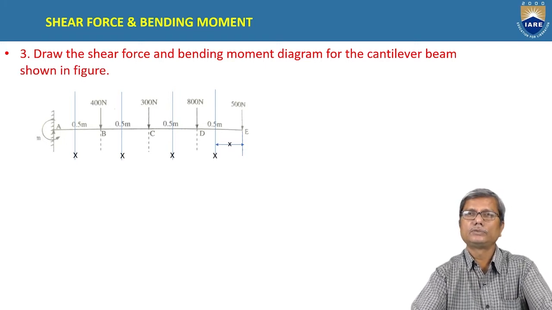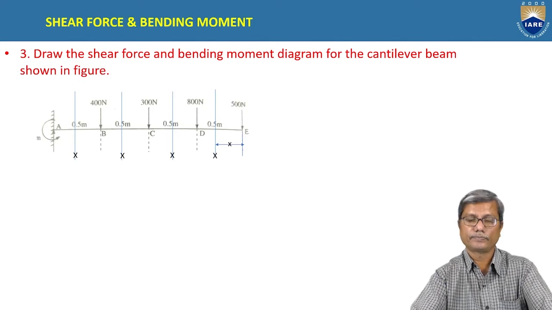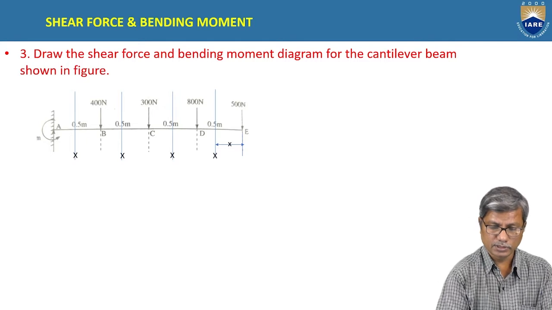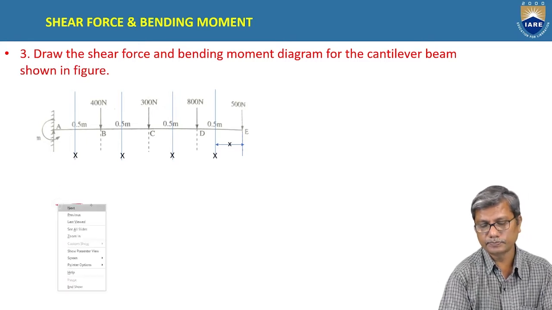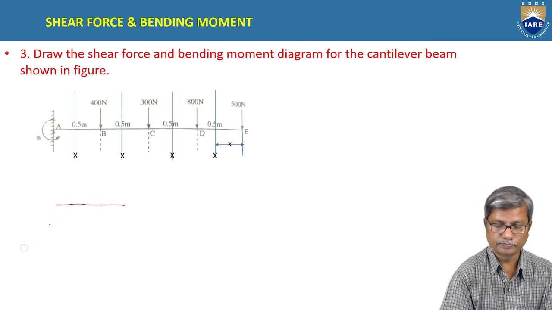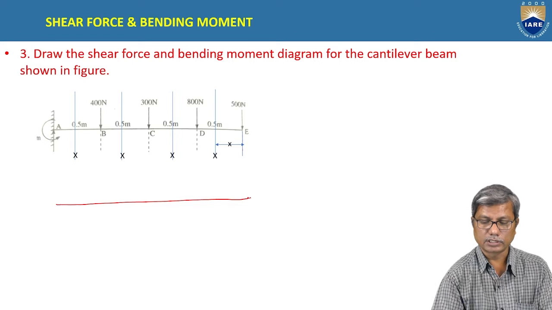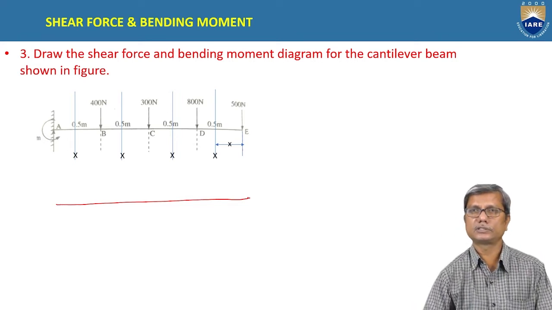So here also we consider 4 different sections between AB, BC, CD and DE. Actually for this problem, drawing shear force diagram is simple, in the sense it requires just addition and subtraction to find shear force at different sections.